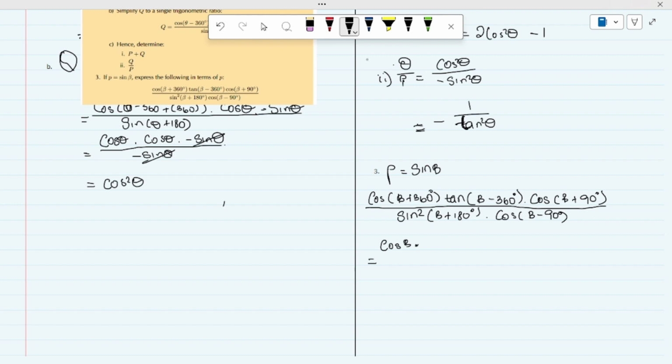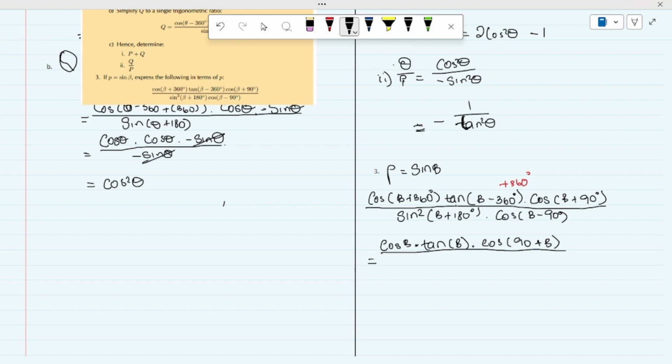Because if you add 360 degrees here, you're going to get tan of beta, and tan of an angle is going to be tan of that angle. So it's going to be tan beta. Alright. And so in this question, it's cos, and it's going to be 90 plus beta. Let's try to do this for this one.